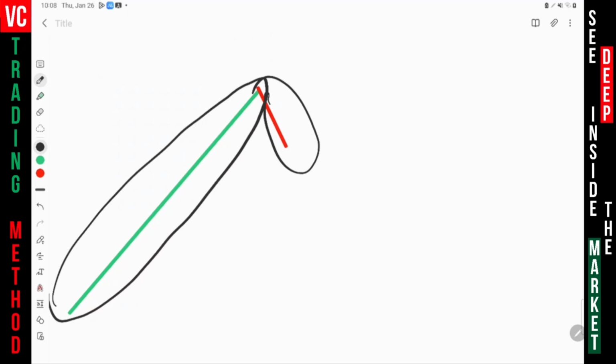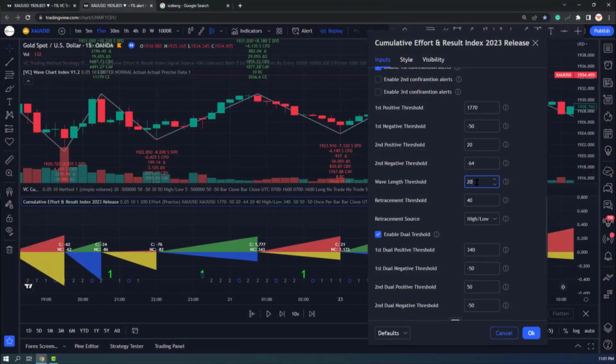So if we want to compare only waves of a certain minimum length, we can set it with the wavelength. What is the meaning of 20 here? It means the wave should be at least 20% of the previous wave before it triggers the alert. It belongs to all the alerts. The first, the real time.